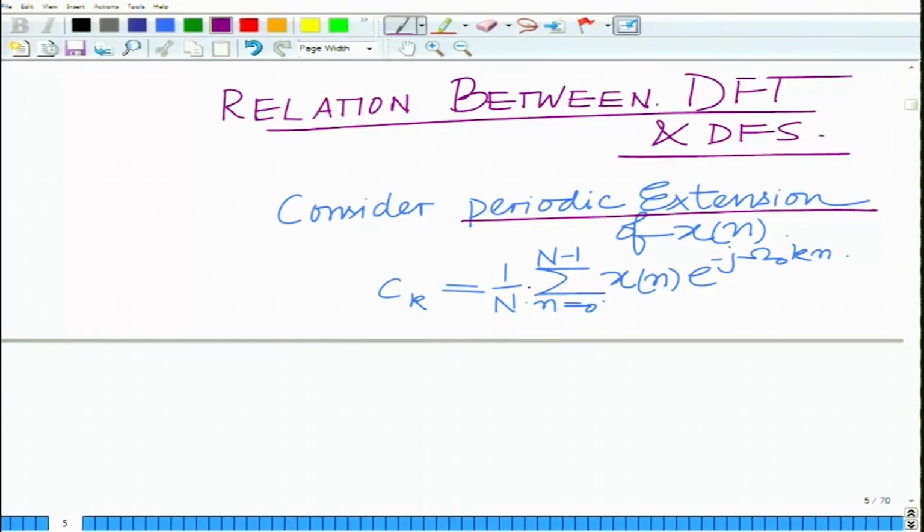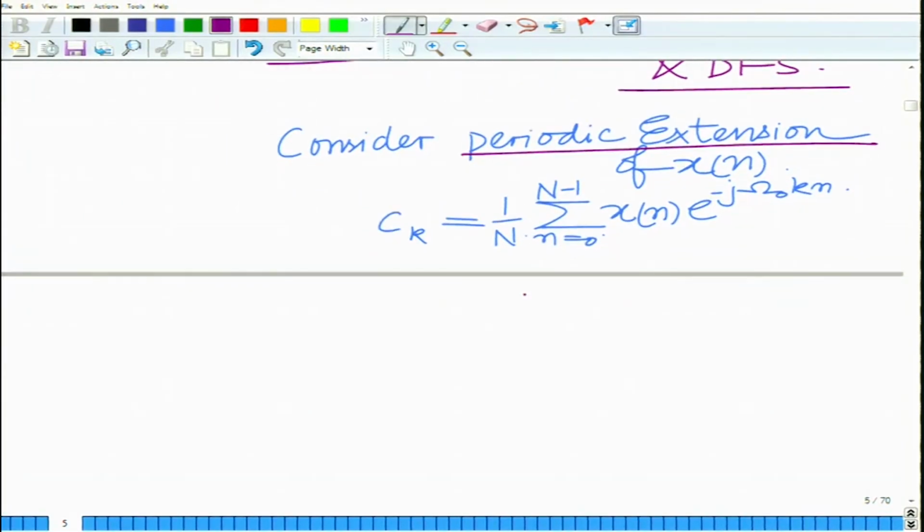So, it becomes a periodic sequence, and then one can consider the DFS of this periodic extension of x[n], and let c_k denote its DFS coefficient. Then you can readily see that N c_k equals summation n equals 0 to N minus 1 x[n] e raised to minus j omega naught k n.